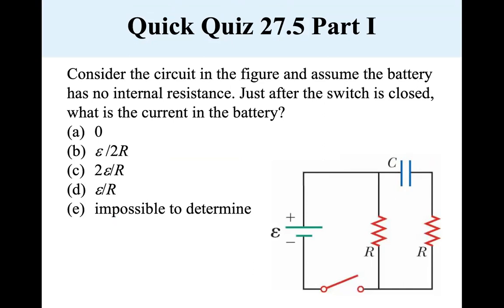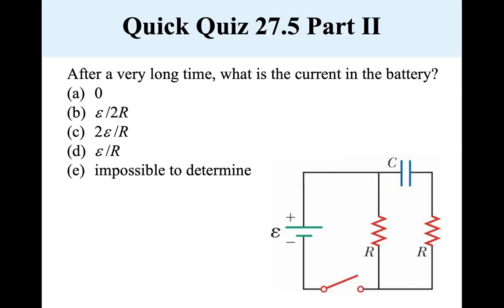If you use the old R1 R2 divided by R1 plus R2, you'll get R squared divided by 2R, which gives you R over 2. So E divided by R over 2 is the same as 2E divided by R. And that's what we get here, 2E over R.